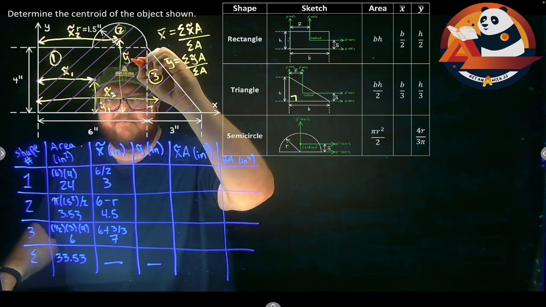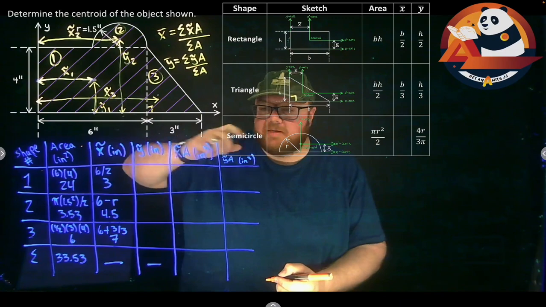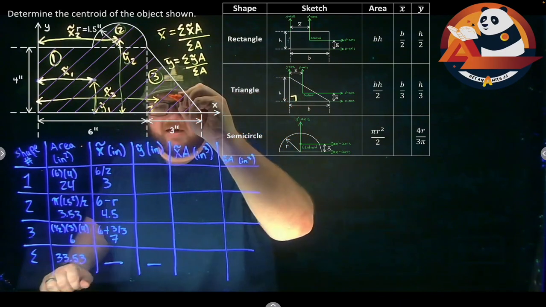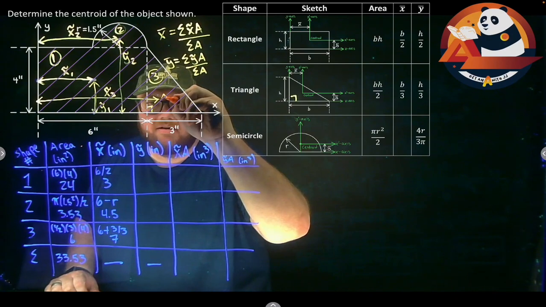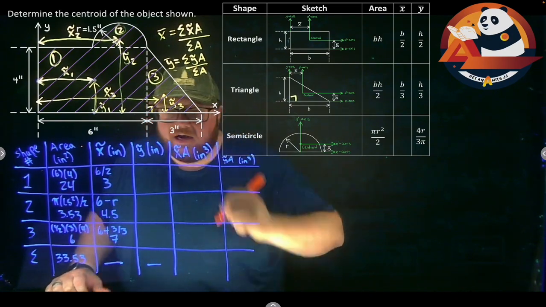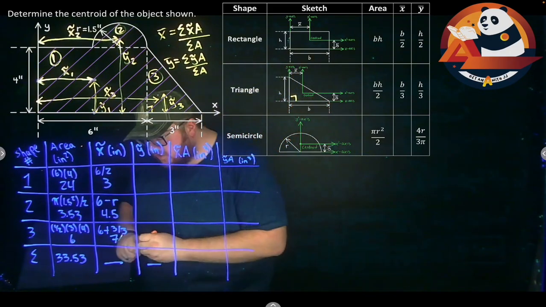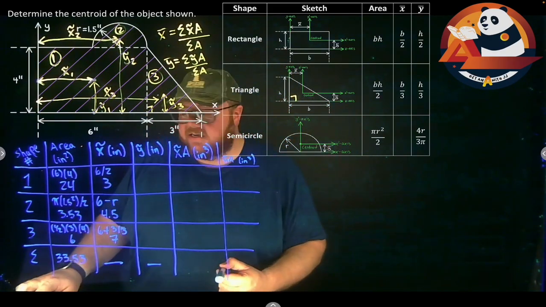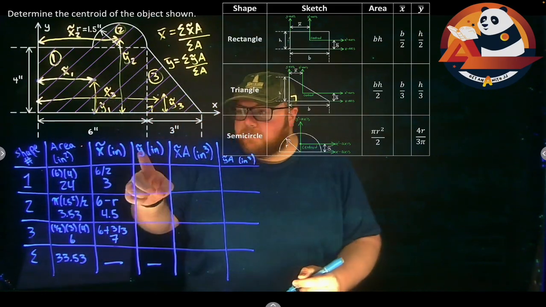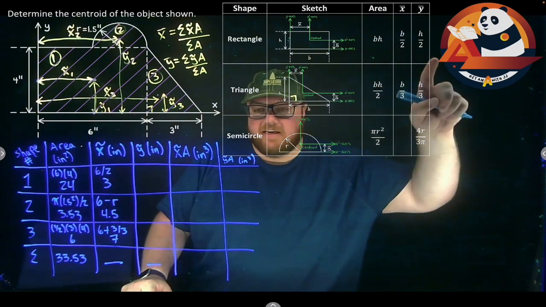Y tilde for shape 2 would measure from the x-axis all the way up to the centroid of shape 2. And then finally, for our third shape, we again have a y tilde, from the x-axis to the centroid of shape 3. So we just need to find all 3 of those distances and do a little bit of algebra. So my y tilde for shape 1, well, my centroid formula says it's in the very middle.